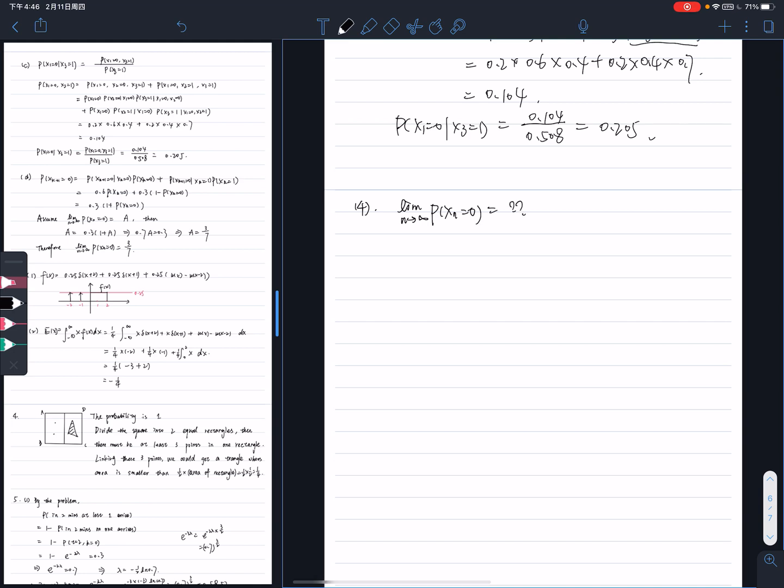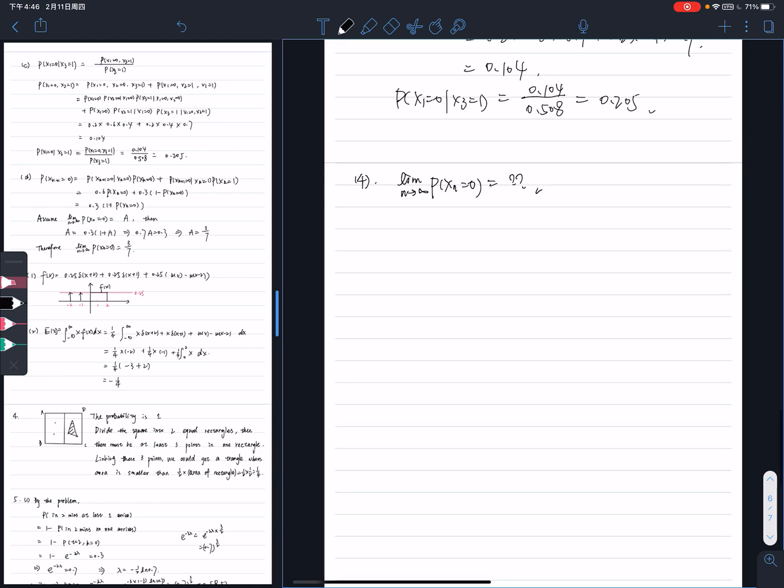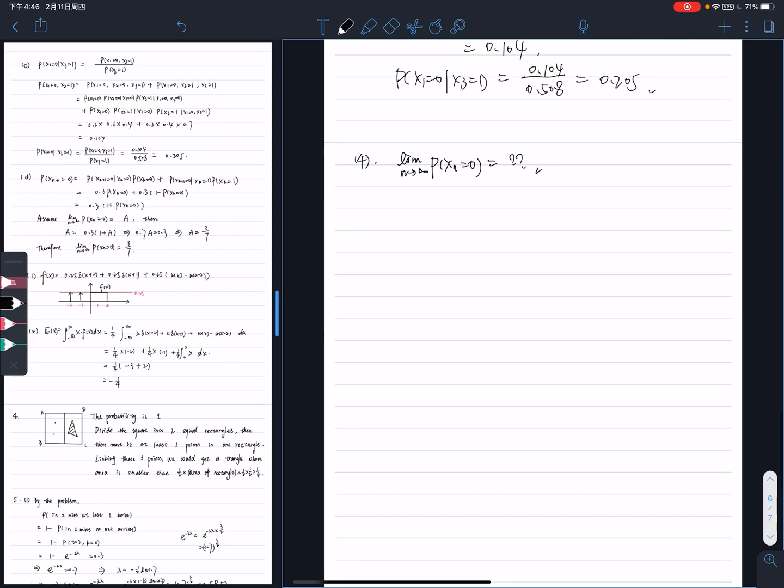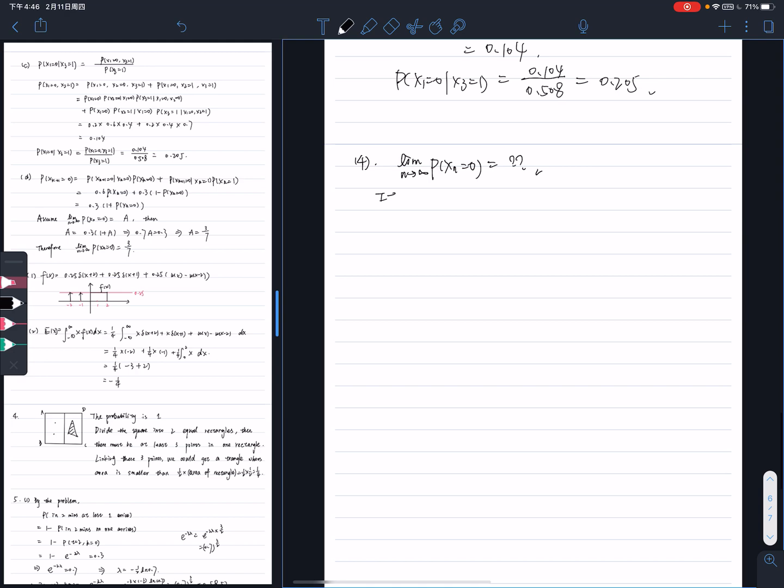This is what we want. Firstly, we will formulate the iteration like this: P(x_{k+1} equals 0), and this is from the Bayes theorem.